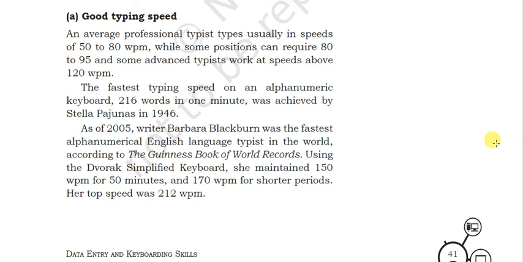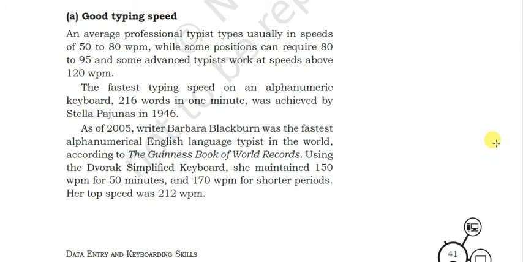As of 2005, writer Barbara Blackburn was the fastest alphanumerical English language typist in the world. According to the Guinness Book of World Records, using the Dvorak simplified keyboard, she maintained 150 words per minute for 50 minutes and 170 words per minute for shorter periods. Her top speed was 212 words per minute.